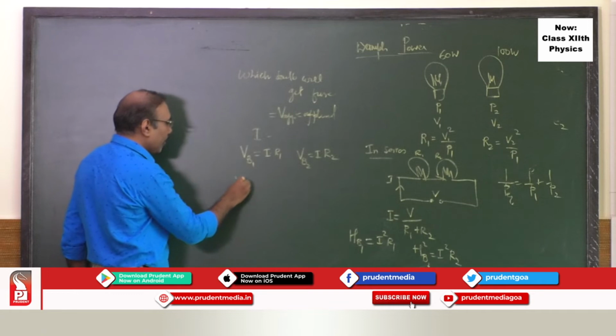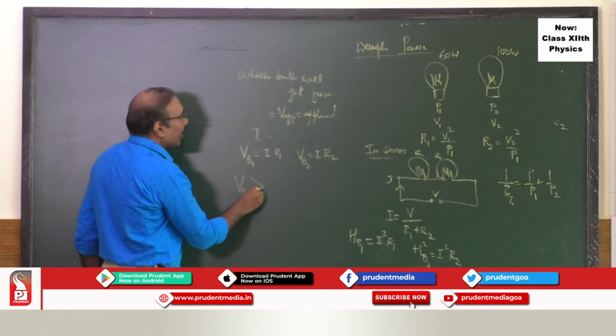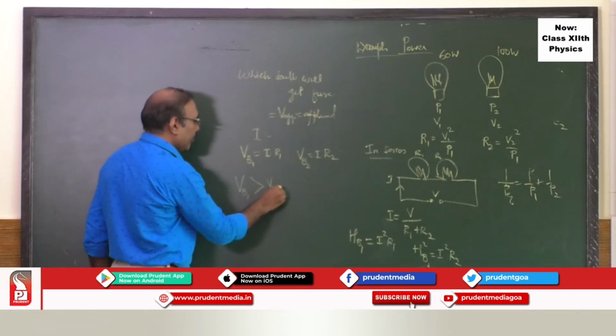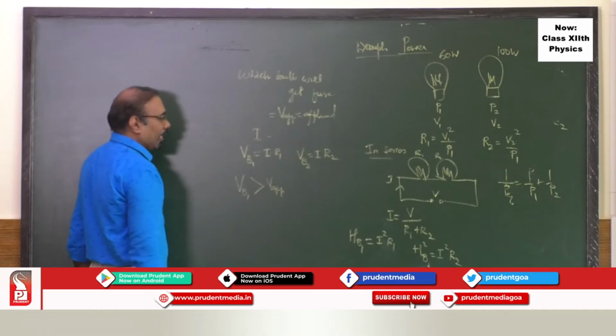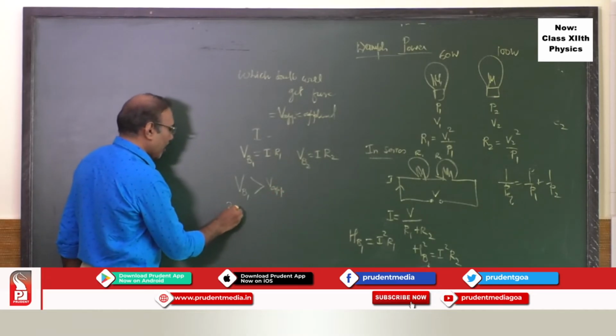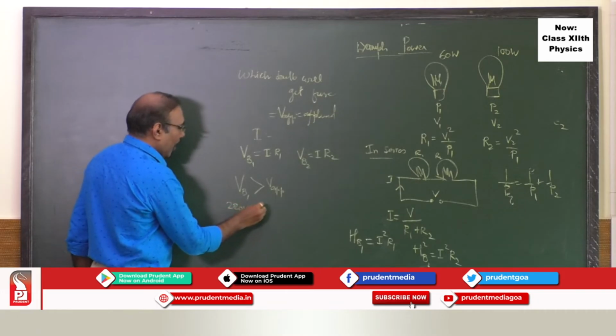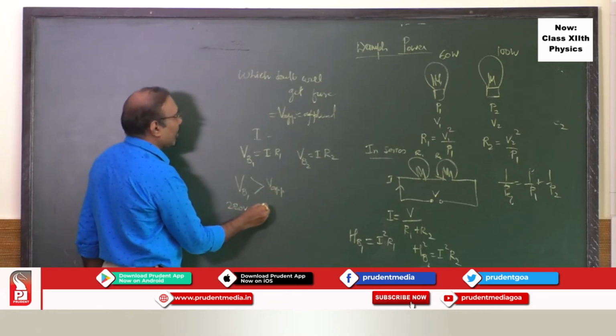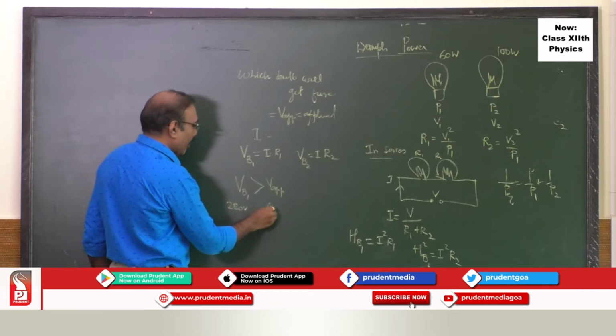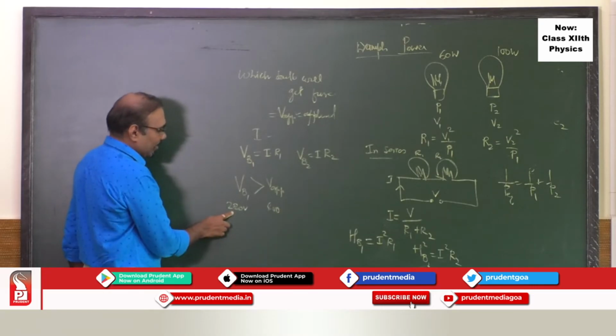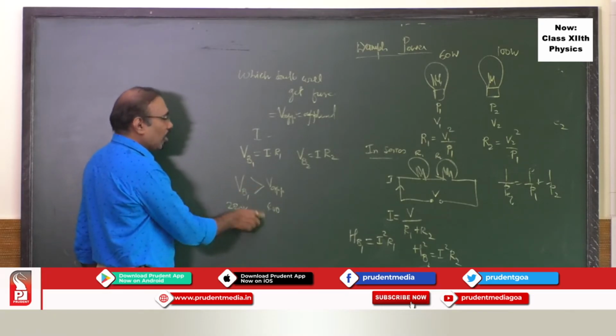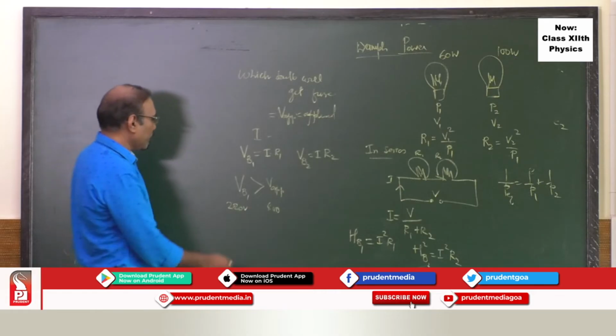And if we find VB1 greater than V applied, check which is greater. Suppose the rated voltage is say 220 volt, and the applied voltage is say 400 volt. In that case, that bulb will not support it and it will get fused.